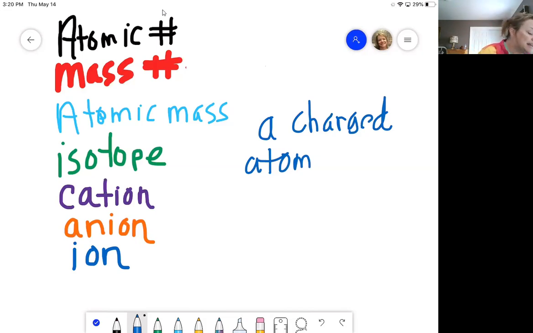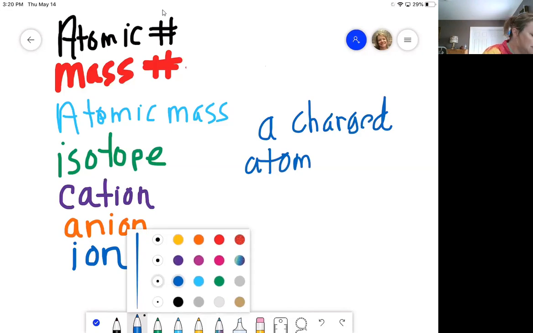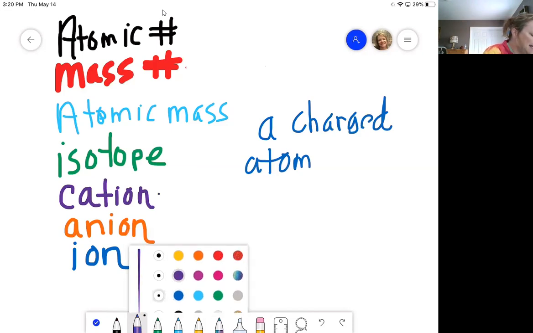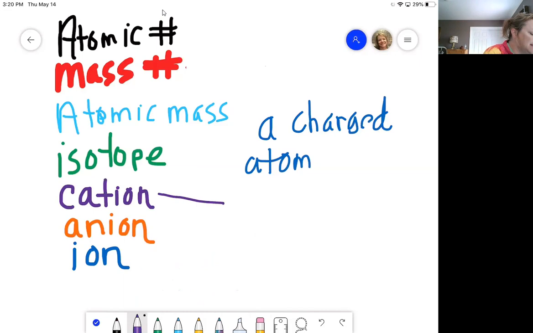Anyway, so any atom with a charge would be called an ion. Now, if it has a positive charge, if it has more protons than electrons, it will be a cation. So ion is kind of the umbrella for anything with a charge, and then of course we have to be specific and classify them.